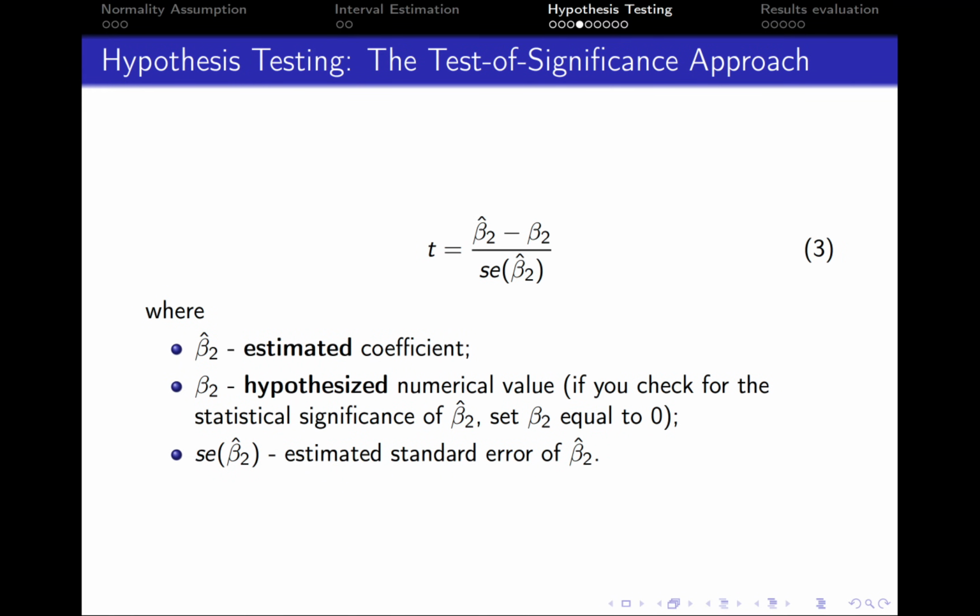And the second approach is the test of significance approach. To use this test, first of all, we need to calculate something called the t-statistic. Here is the formula. So beta 2 with the hat, this is the estimated coefficient, the one we get from the regression results. Beta 2, this is the hypothesized numerical value. So if we check for the statistical significance of the estimated coefficient, then we set beta 2 equal to 0.